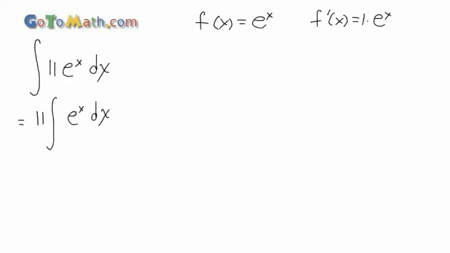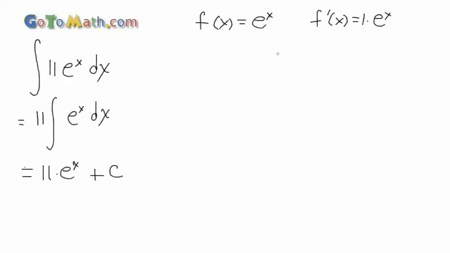But because this is just e to the x, and the derivative of the exponent x is 1, you would take that 1 and put it down below, but since it's just a 1, we don't do anything. So the integral of 11e to the x is just 11e to the x plus c.